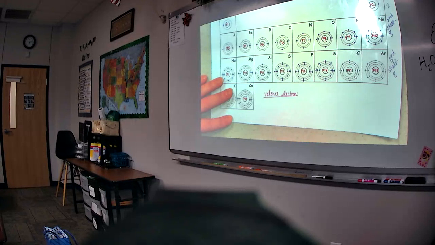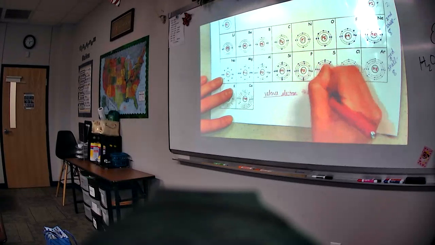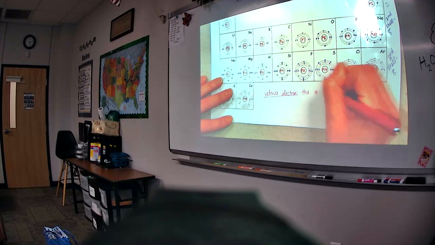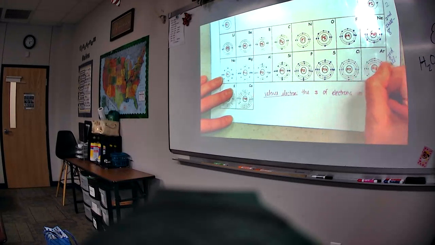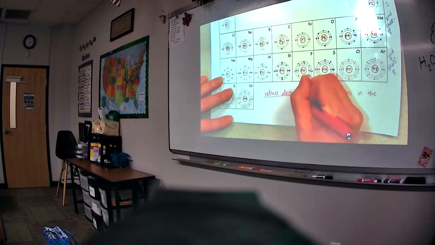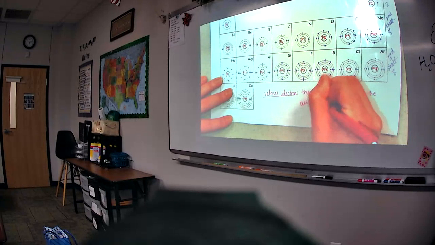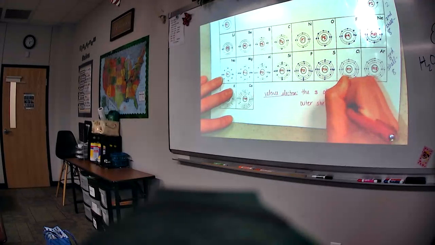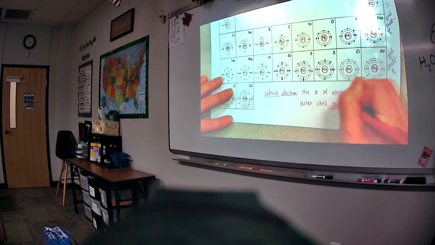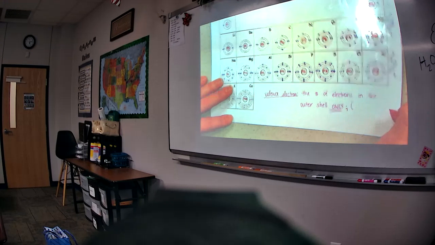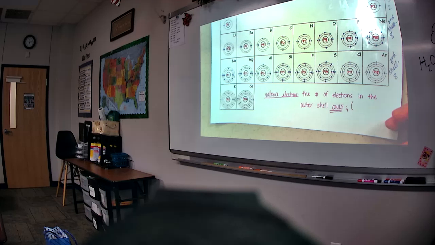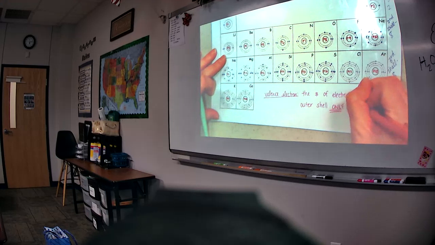And then we're going to write the definition. The valence electron is the number of electrons in the outer shell only. It does not include the full shells.